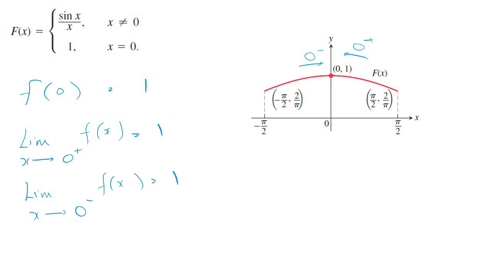So we see this is continuous because all three conditions are satisfied. So by taking a function and assigning values at places where the function does not exist, you can make the function continuous.